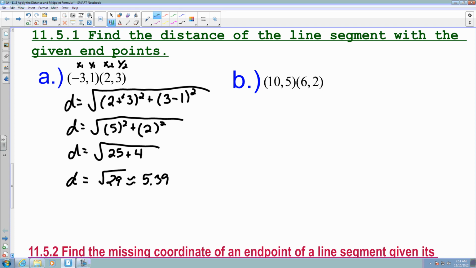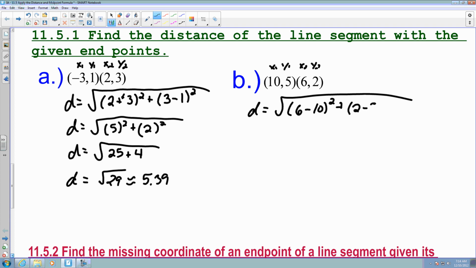Okay, let's do another. So I have coordinates here. I got 10 and 5, and 6 and 2. So I got x1, y1, x2, y2. So I got d equals square root. Okay, let's go 6 minus 10 squared plus 2 minus 5. So if I simplify this, we got what?